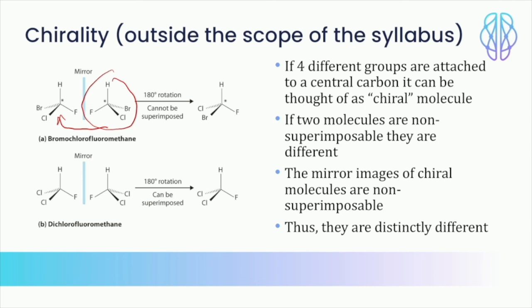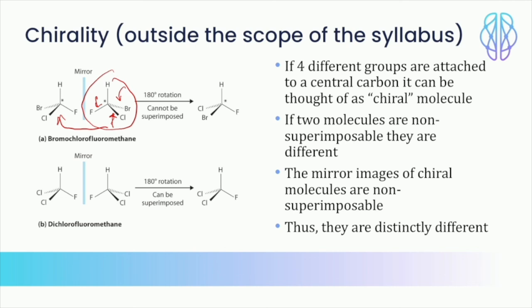So if we try and rotate it about a 180-degree axis, there is no way that we can make the compound on the left. And that's pretty much what it's saying. Also, this means it's coming towards you. This means it's going away from you. And this means it's in the same plane, right? Just bear that in mind.